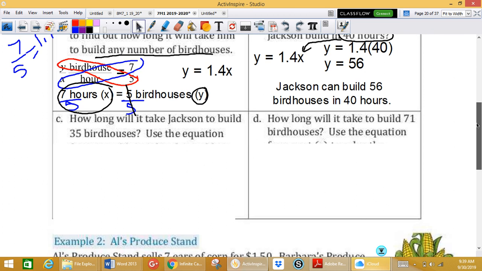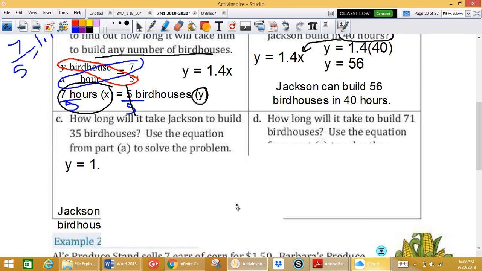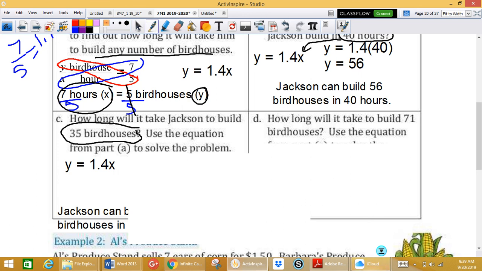How long will it take him to build 35 birdhouses? So again, I use my equation, y equals 1.4x. Again, 35 birdhouses. Now that's y. So I've got to plug it in for y because x is the time.